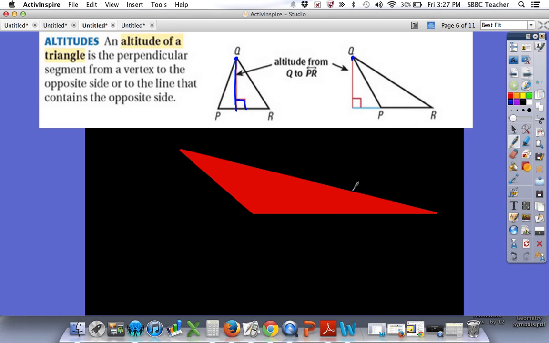So an altitude does not have to be in the triangle. So if you look down here, if we name this triangle ABC, if I draw a line straight down from A and kind of make it line up with where B is, it forms an altitude, but it's not inside the triangle.